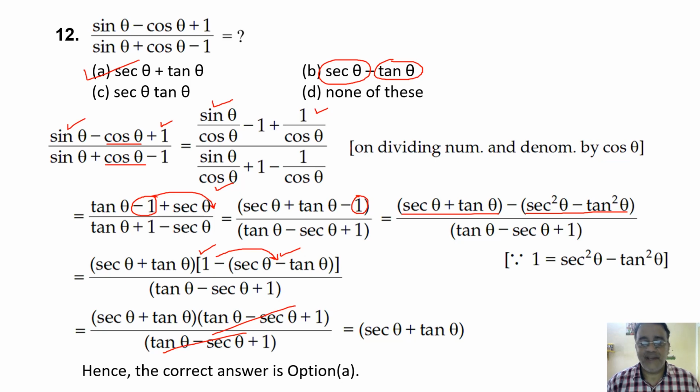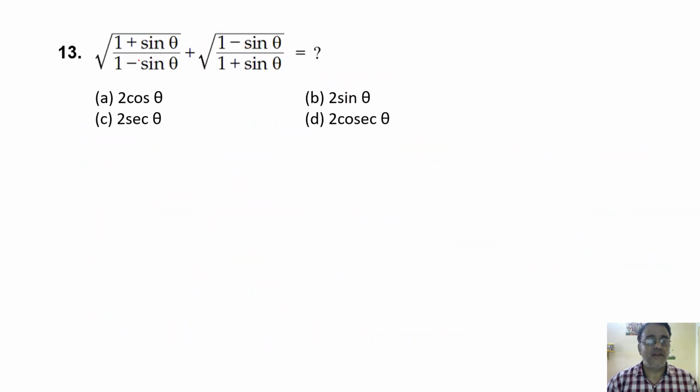Right. So now we are moving toward question number 13. Root over 1 plus sin theta upon 1 minus sin theta plus root over 1 minus sin theta upon 1 plus sin theta is equals to question mark.